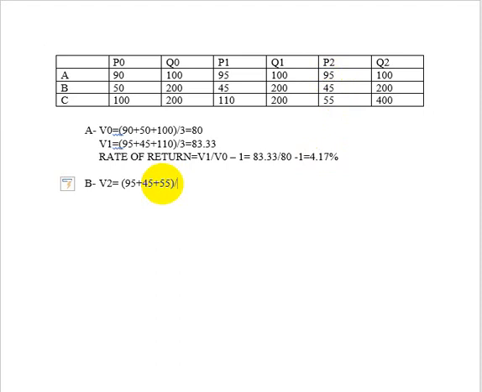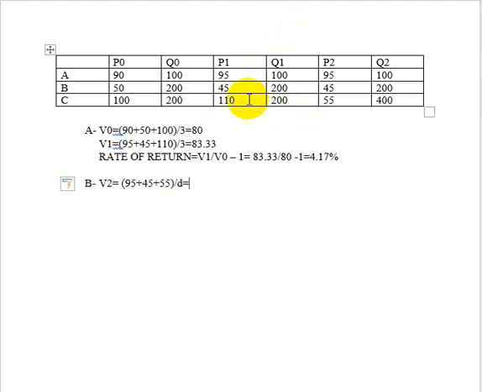Now, what's the divisor? The divisor is not 3, since we had a stock split from period 1 to period 2. We split the shares by 2. So I'm going to name this divisor D.